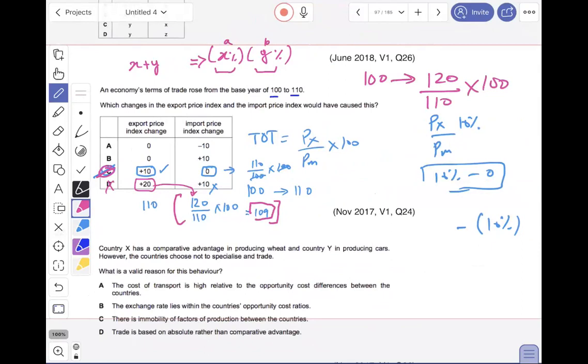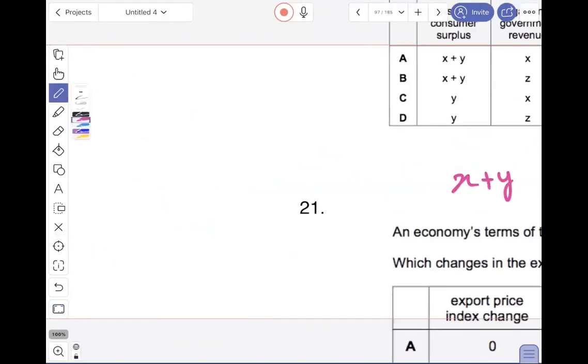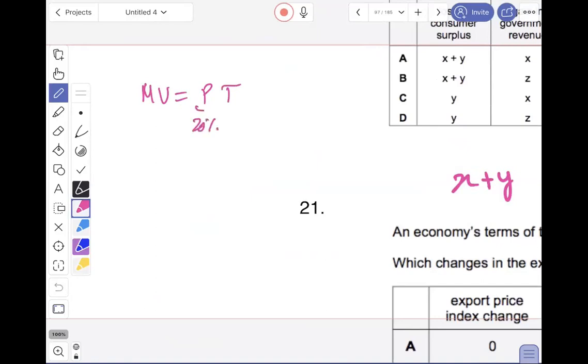I want to talk about the formula that I used. It's basically the formula that we sometimes use. Remember, I told you MV is equal to PT. If I tell you that P is going up by 20% and T is going up by 10%, and M is constant, what is V going to change by?